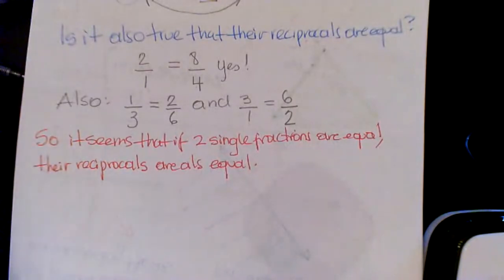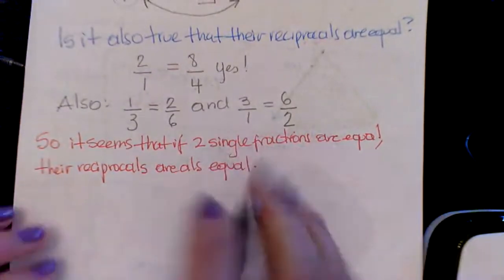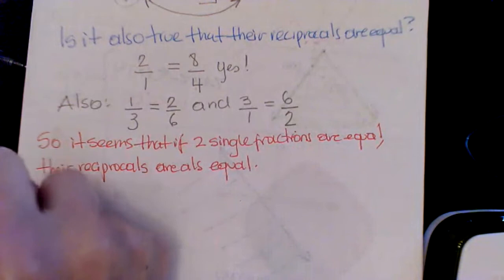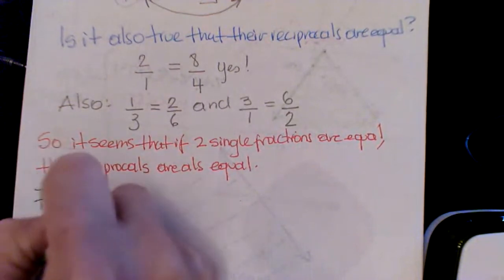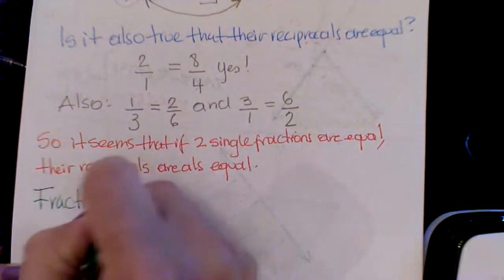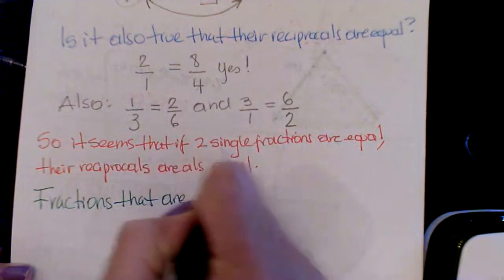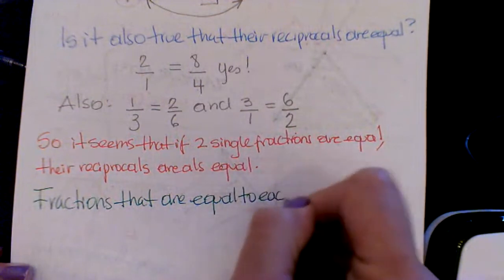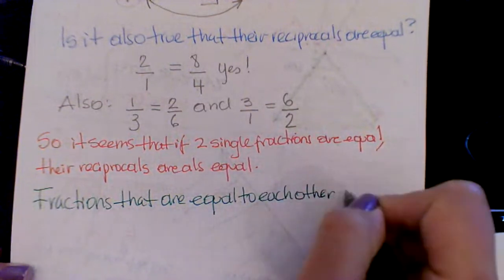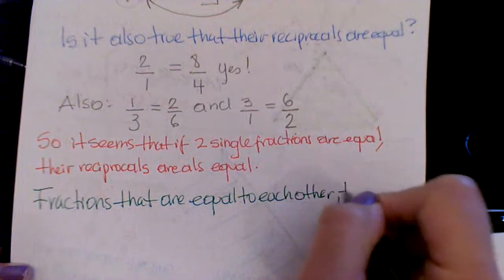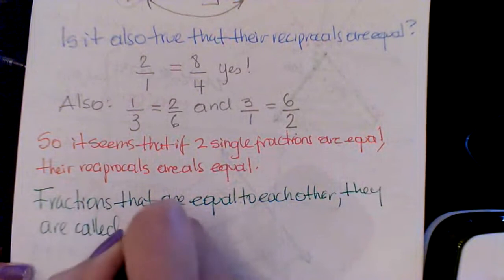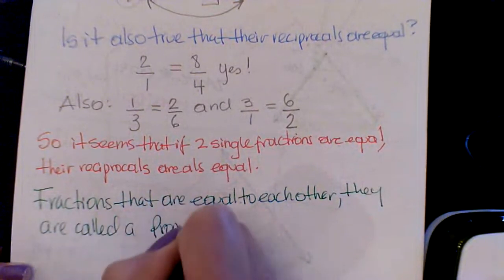When we have two fractions that are equal to each other, they are called a proportion.